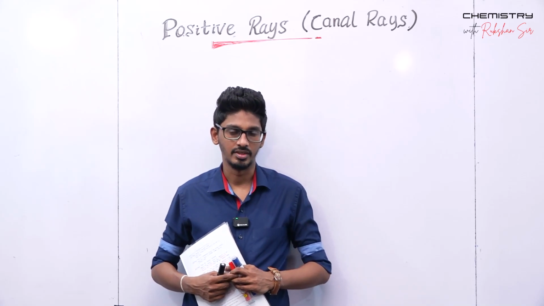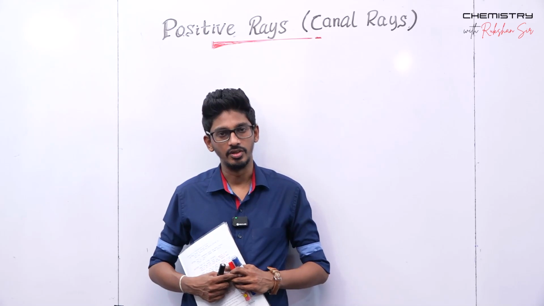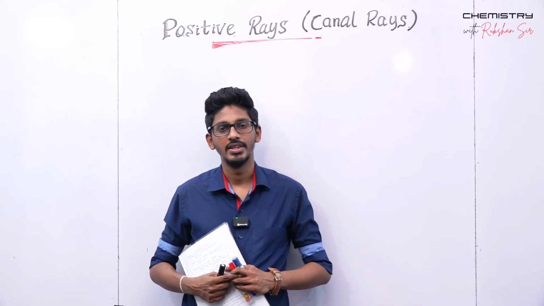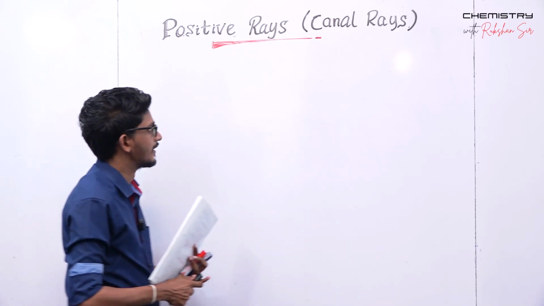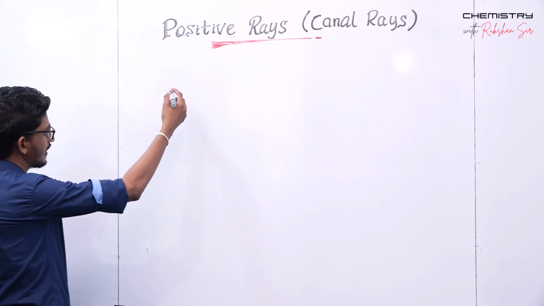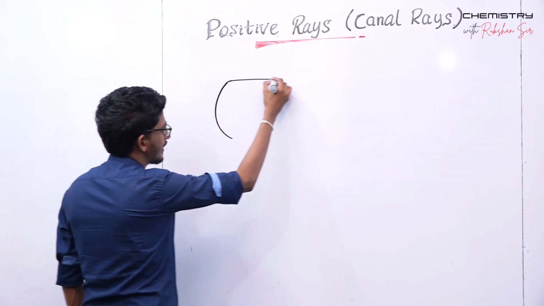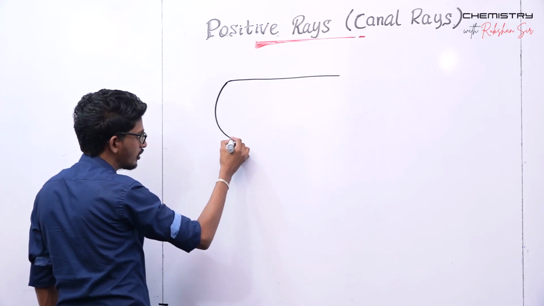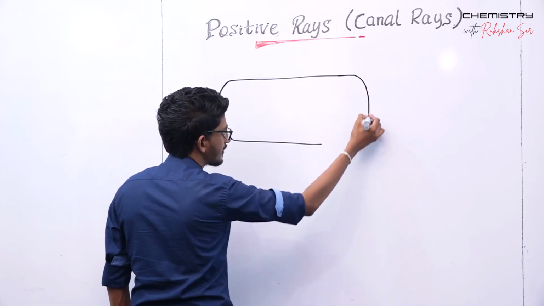It is known as the canal ray tube. Let's discuss that today. Goldstein came up with this setup, which is also a cathode ray tube, but with a little difference.